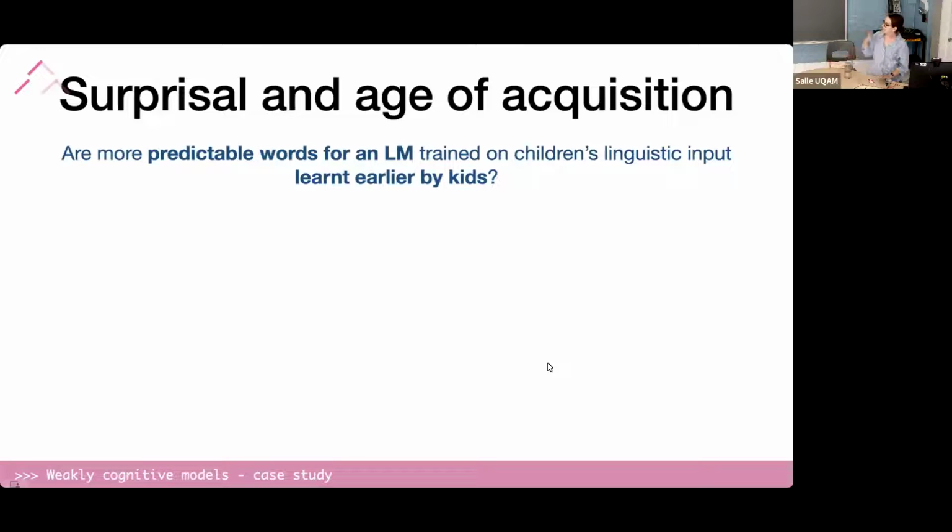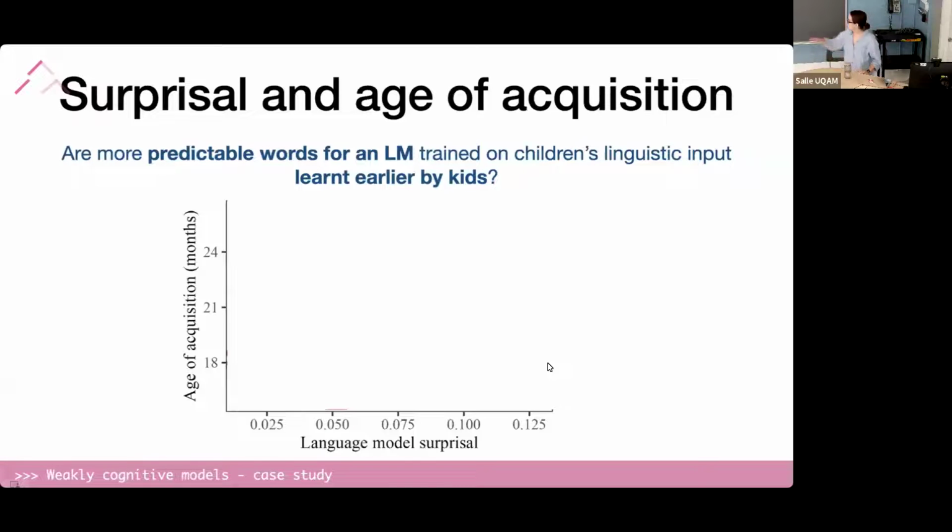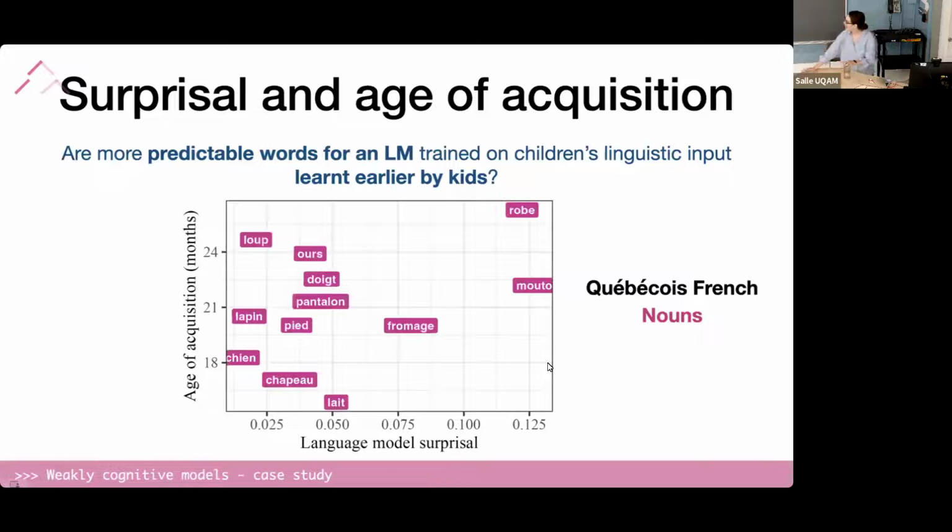So just to give us a sense of what the relationship might be between these variables, let's plot them. On the x-axis, we'll have language model surprisal, and on the y-axis, we'll have the age of acquisition in months. Since we're in Quebec, let's do some Quebec French. I've plotted some nouns here from Quebec French.